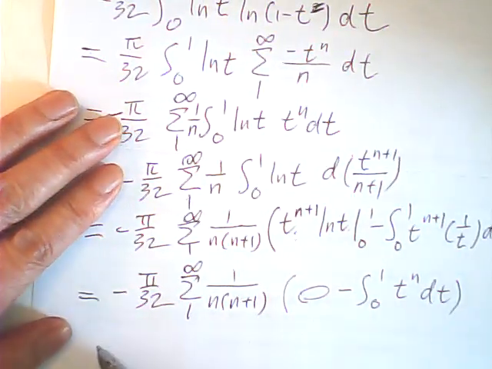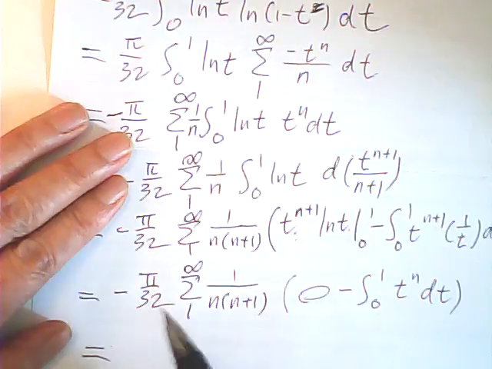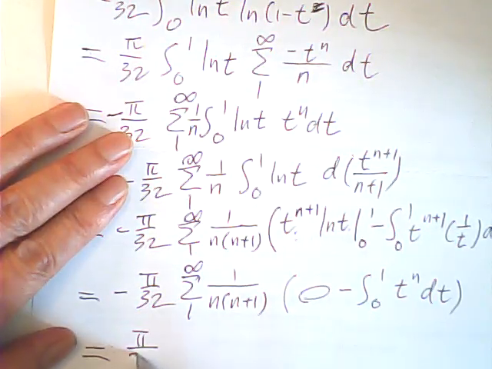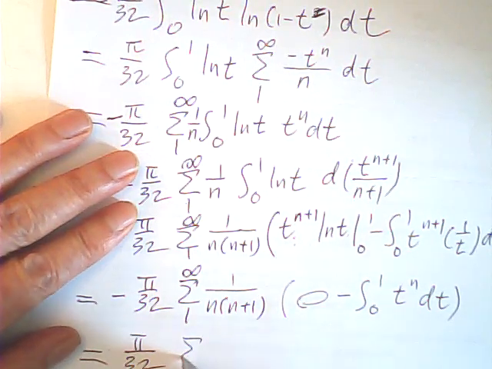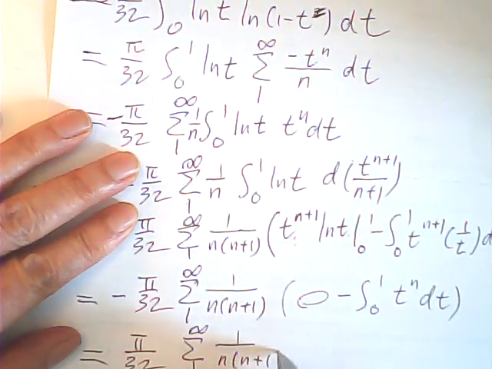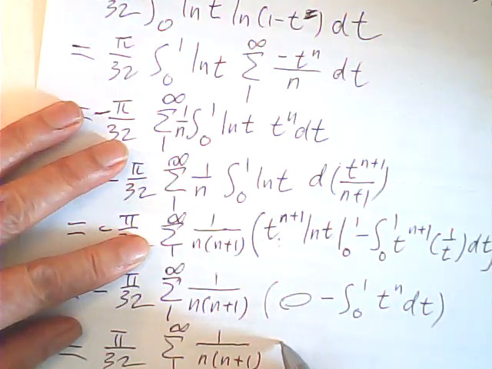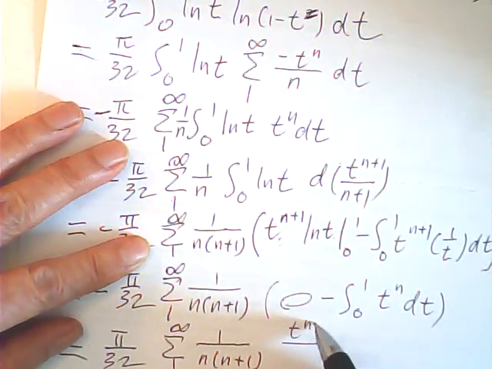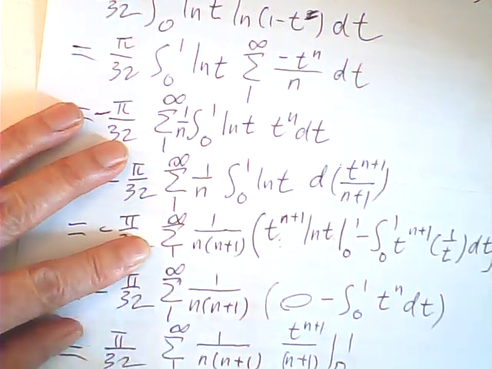Wow, it's good. Now then, this negative cancels out, it's pi over 32, and sigma 1 to infinity, and 1 over n plus 1. This integral is easy, it is t to the n plus 1 over n plus 1, from 0 to 1.